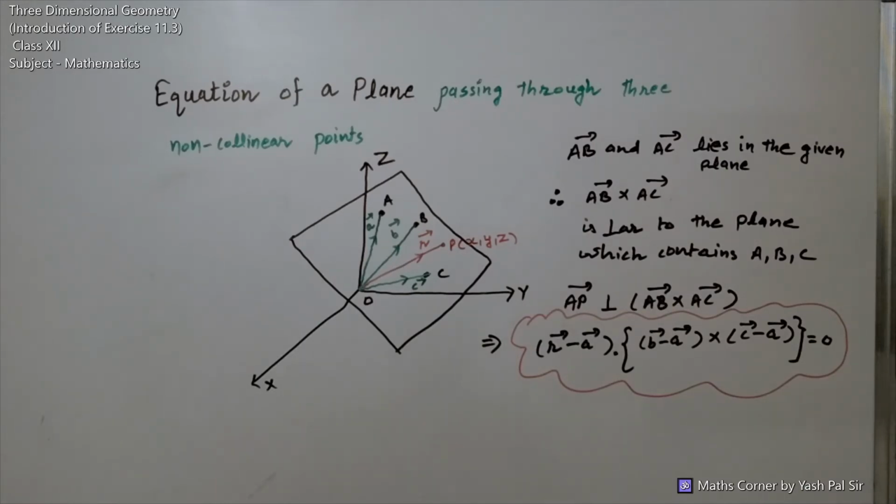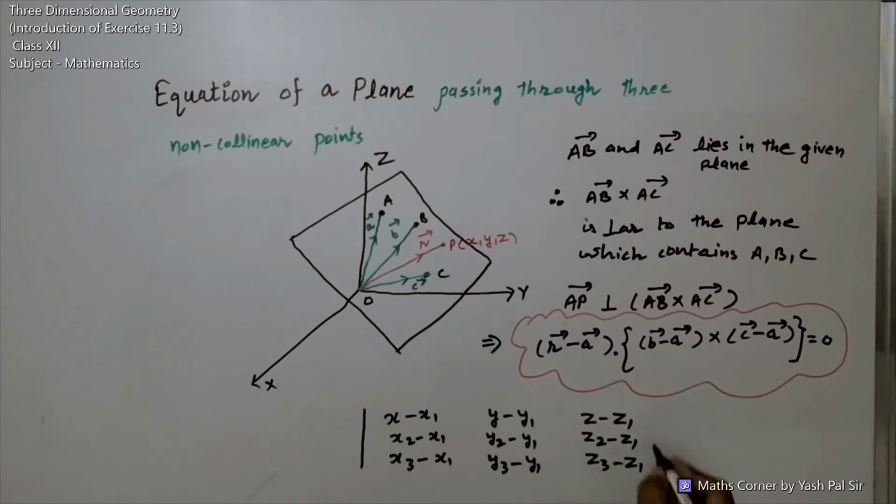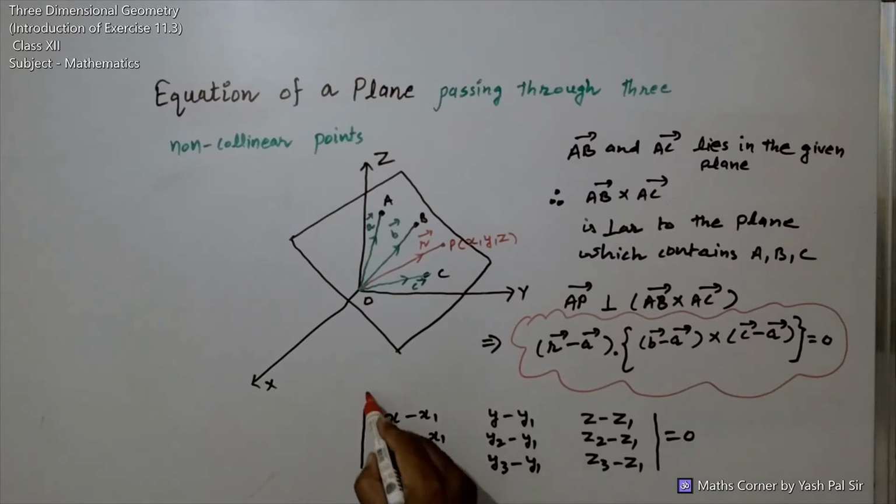Now in Cartesian form we can convert this equation as: x minus x1, y minus y1, z minus z1; x2 minus x1, y2 minus y1, z2 minus z1; x3 minus x1, y3 minus y1, z3 minus z1 is equal to 0.